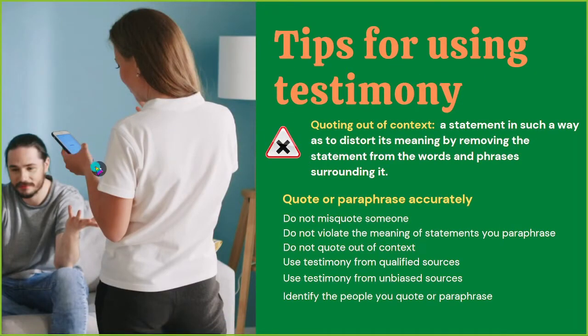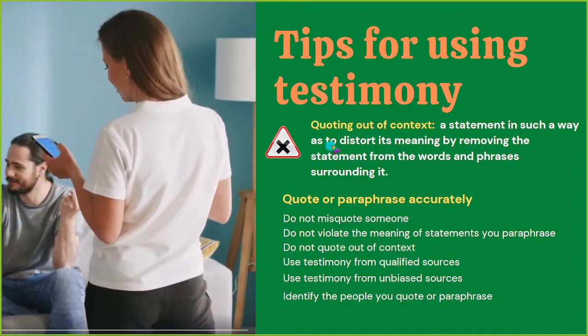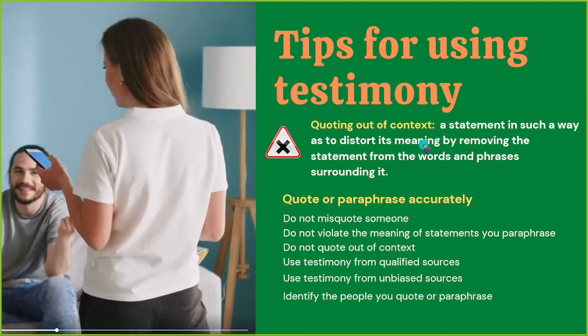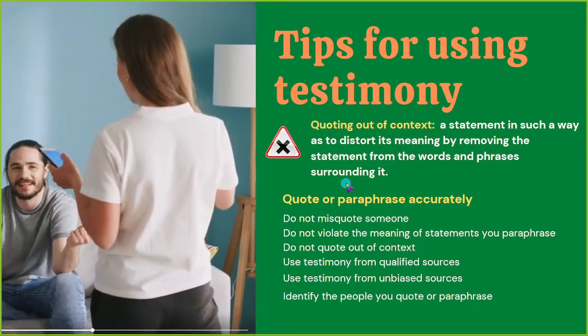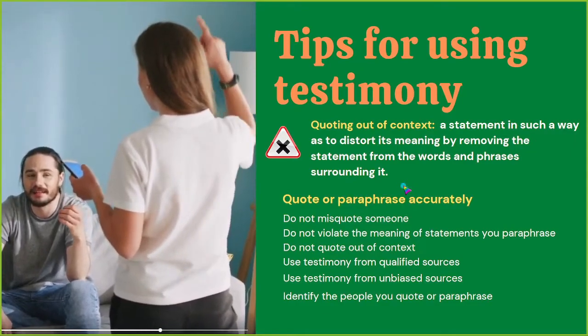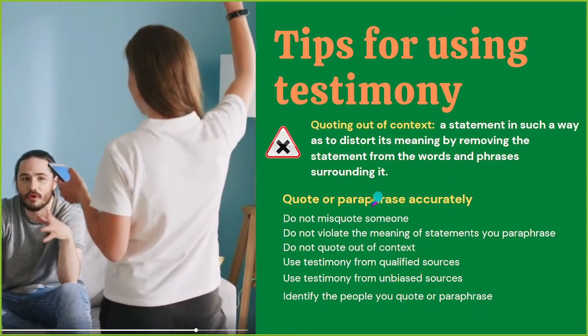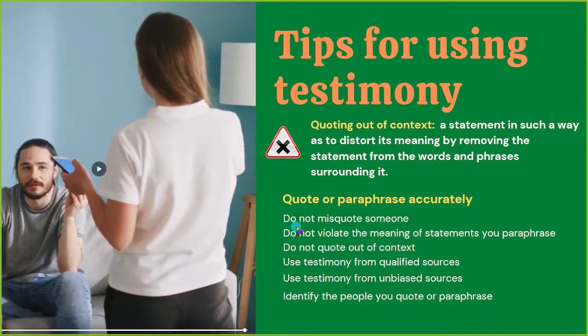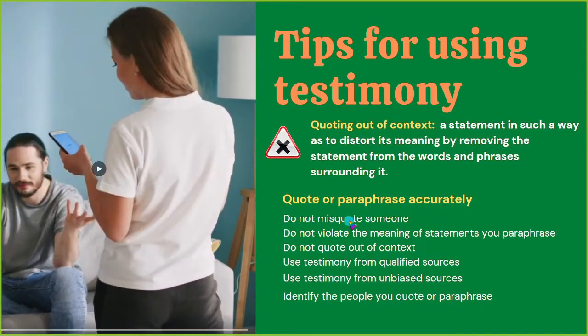Tips for using testimonials. When you want to use testimony, you don't want to quote out of context, that is, use a statement in such a way as to distort its meaning by removing it from the words and phrases surrounding it. So quote and paraphrase accurately. Please do not change the words in people's ideas or statements. Do not misquote someone. Do not violate the meaning of the statement that you paraphrase, and do not quote out of context.